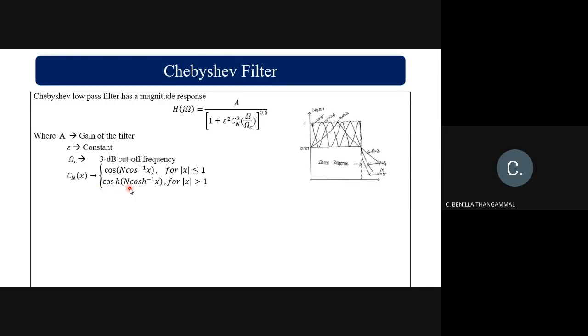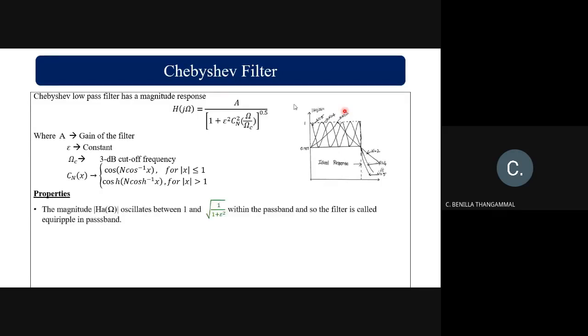So here this is going to be the frequency response. Here you have equiripple in your passband. Either the equiripple will be there in your passband or your stop band. Based upon this, you have two different types of Chebyshev filter, kind 1 and kind 2.